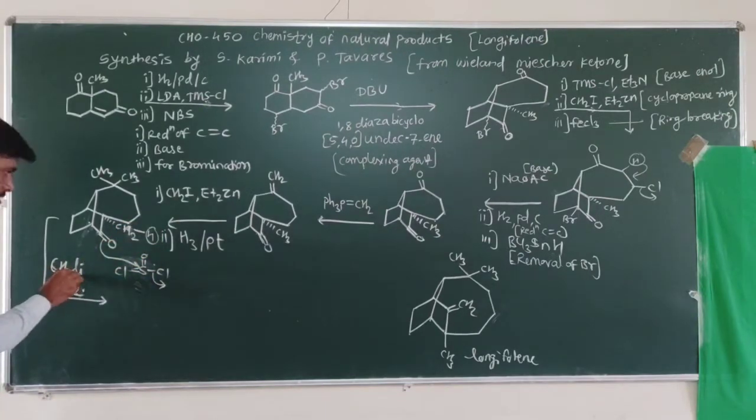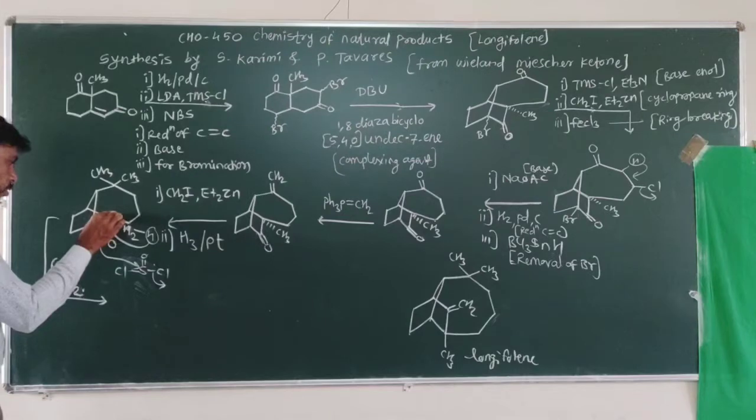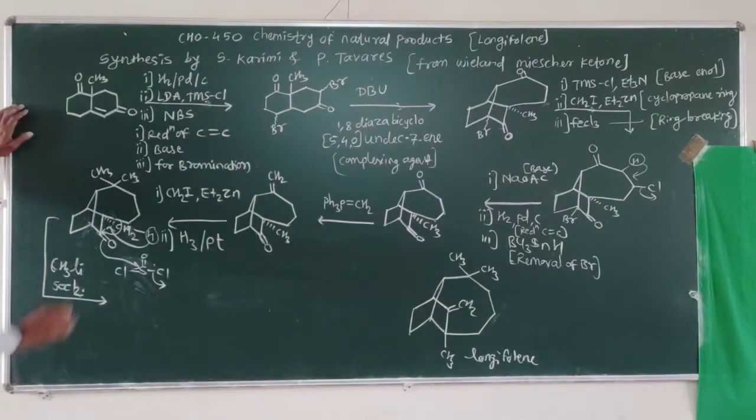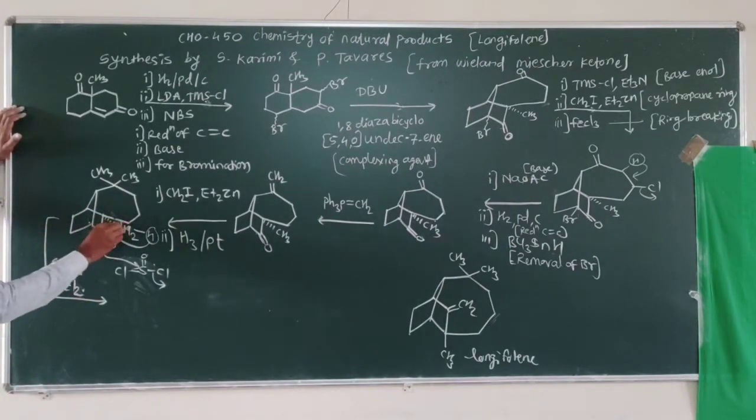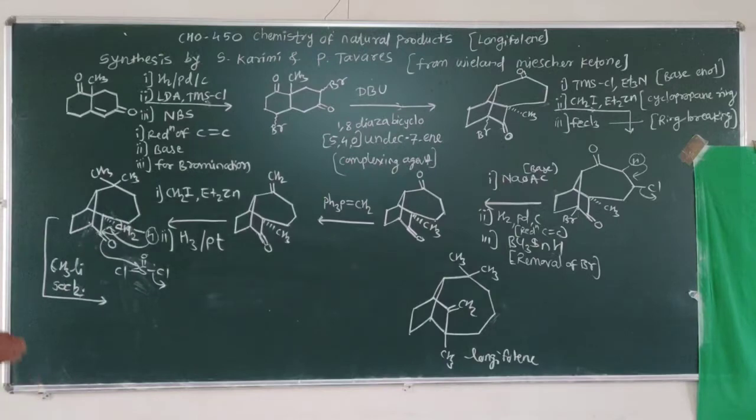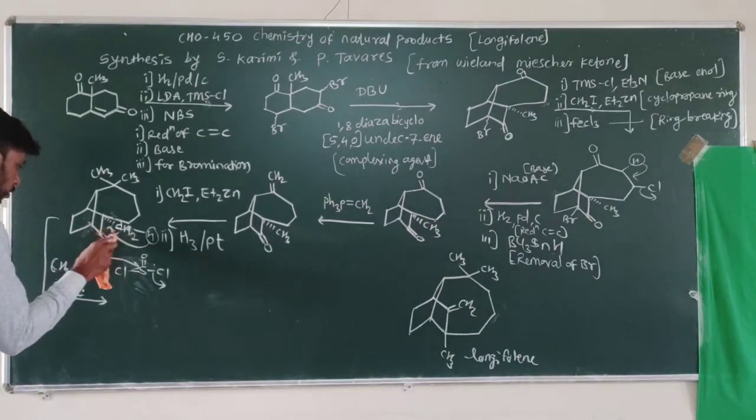Now this base CH3Li removes a proton, and we get the shifting of this bond towards this one. It looks somewhat complex, but see how this bond transformation took place.